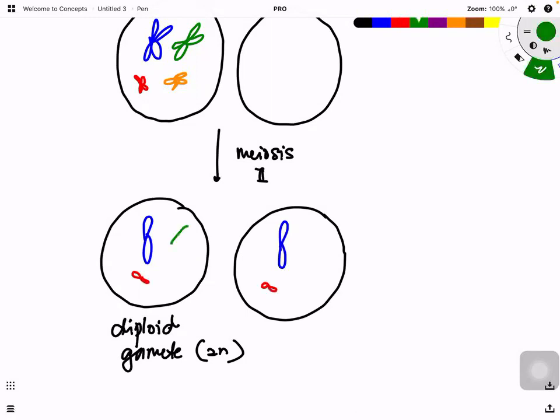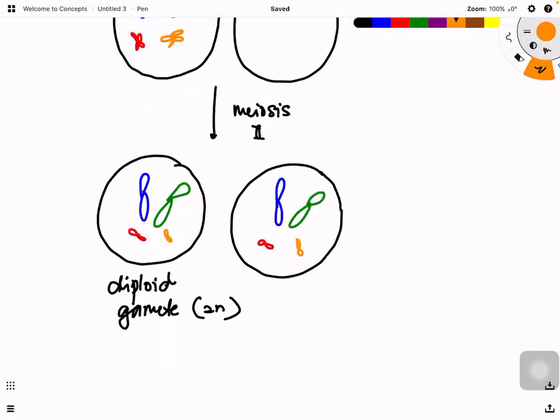Green and orange, another pair. Can you see that? So this gamete is called a diploid gamete, 2N. One blue, one red, consider one pair. Blue plus red, one pair. Green plus orange, another pair. So it means that we get the diploid gametes. Why diploid? Because 2N, two sets.